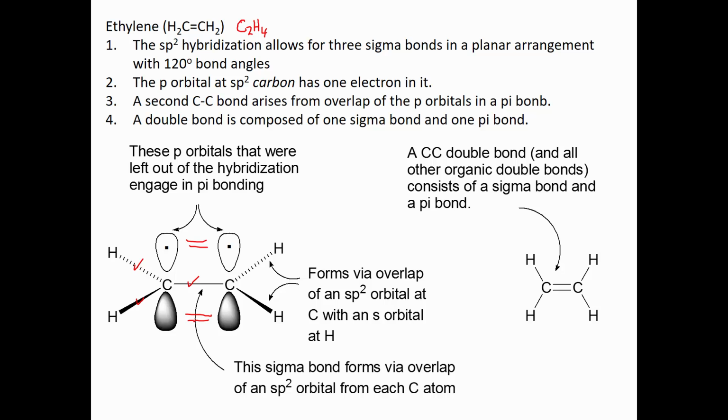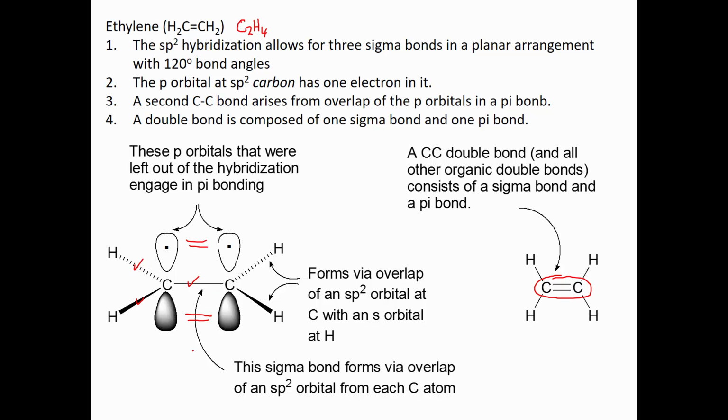So the net result here is that the CC double bond that we see in ethylene can be described as a sigma bond for one of the bonds and a pi bond for the other bond. Another thing here: I've drawn two contacts between each side of the p orbitals.